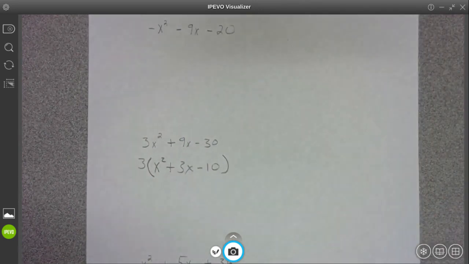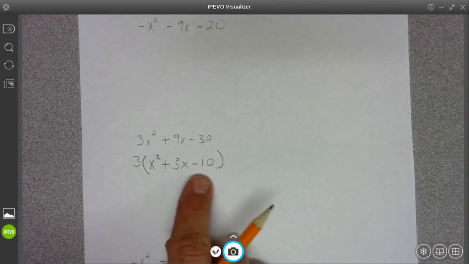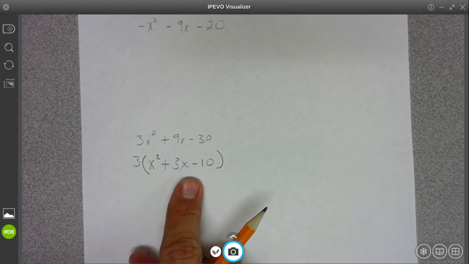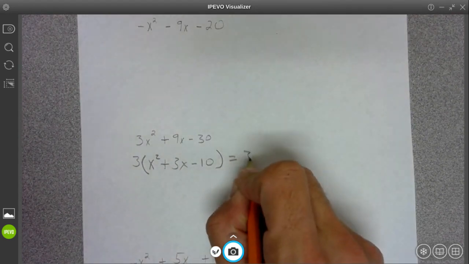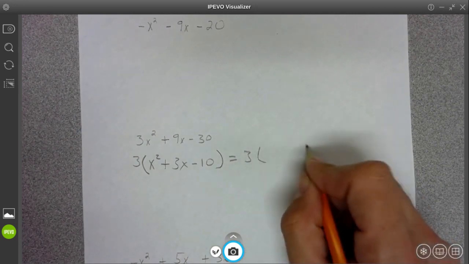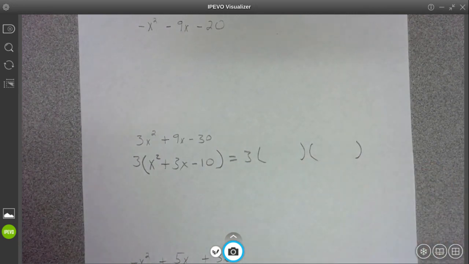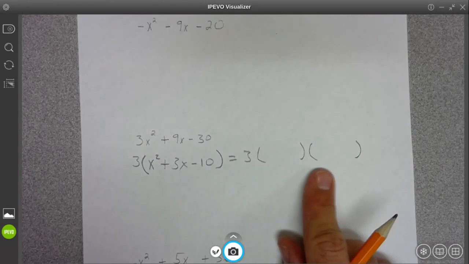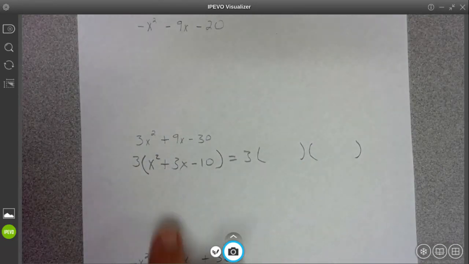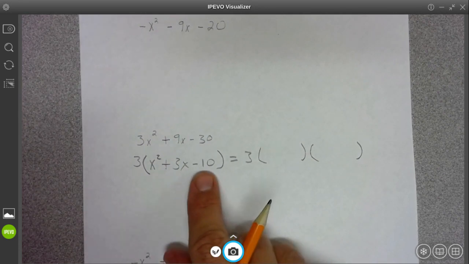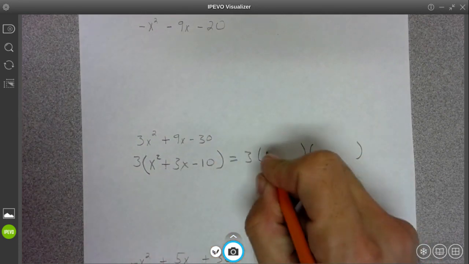So I took out the greatest common factor, and now I'm going to factor the part in parentheses further. We already have a 3 on the outside, and now I'm going to factor it into 2 binomials, these 2 factors here. I need to find 2 numbers that multiply to 10 and subtract to 3.